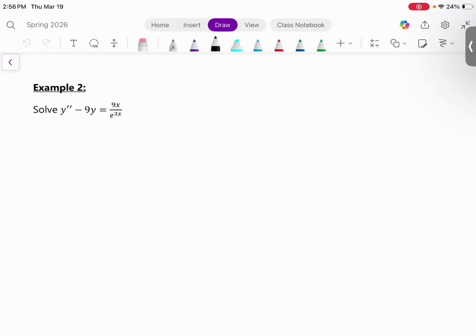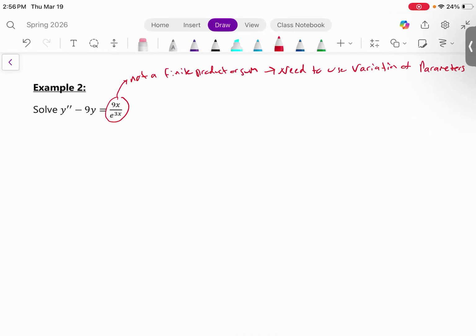So this 9x over e to the 3x right here is not a finite product or sum. So that means we need to use variation of parameters.